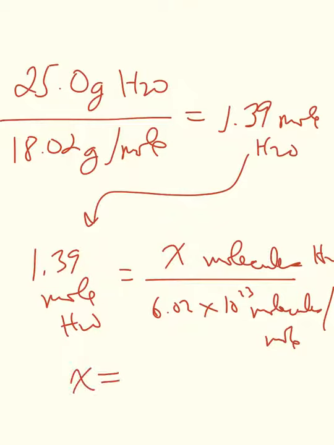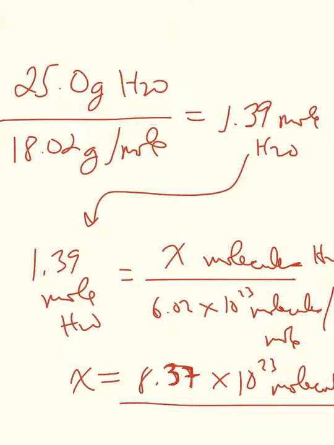So I'm just multiplying those together: 1.39 times 6.02 times 10 to the 23rd, 3 sig figs, 8.37. Oops, that's a 3, it looks like a 5. 8.37 times 10 to the 23rd molecules.